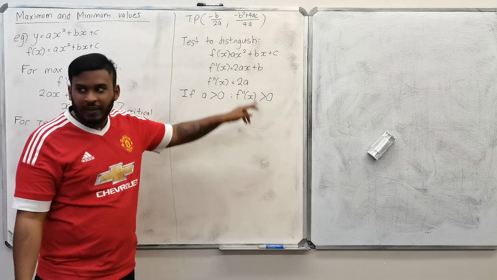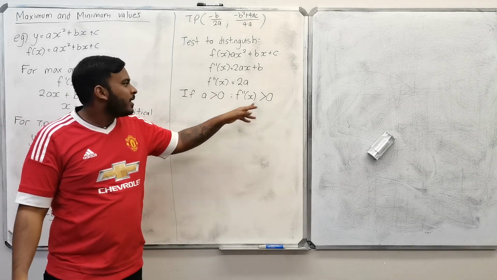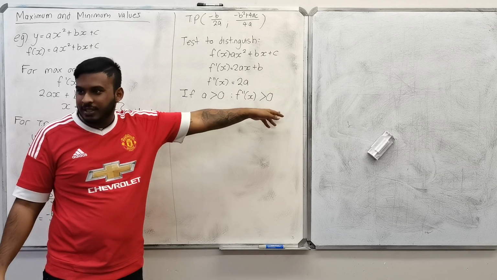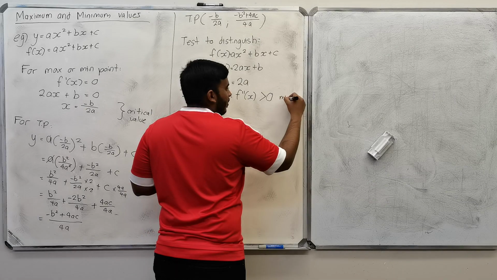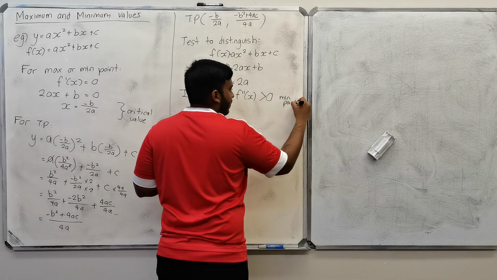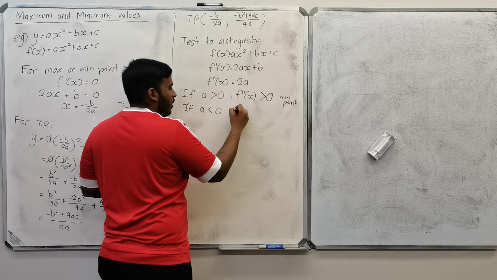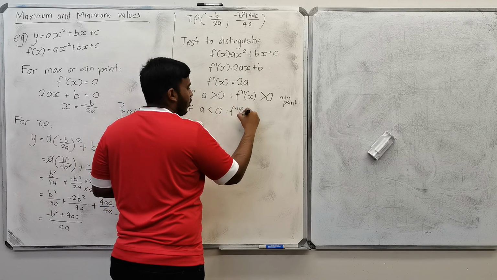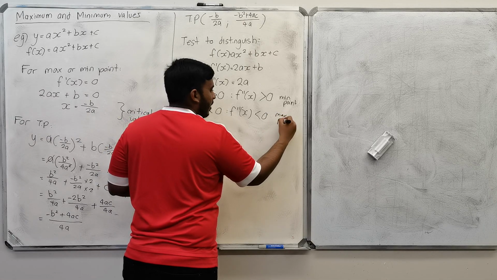If I substitute a value of positive 1, 2, 3, 4 all the way to infinity, the number that I obtain is going to be greater than 0. You'll agree? So you would end up with a minimum. But if my value of a is less than 0, my f double prime of x would also be less than 0, so I'm going to end up with a maximum.